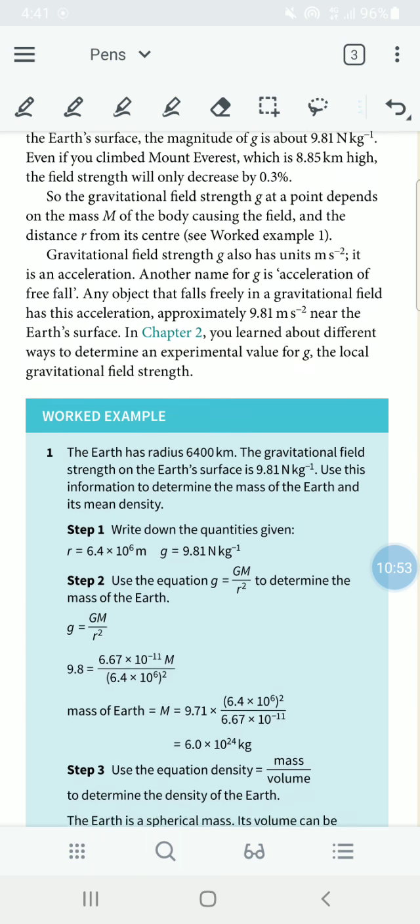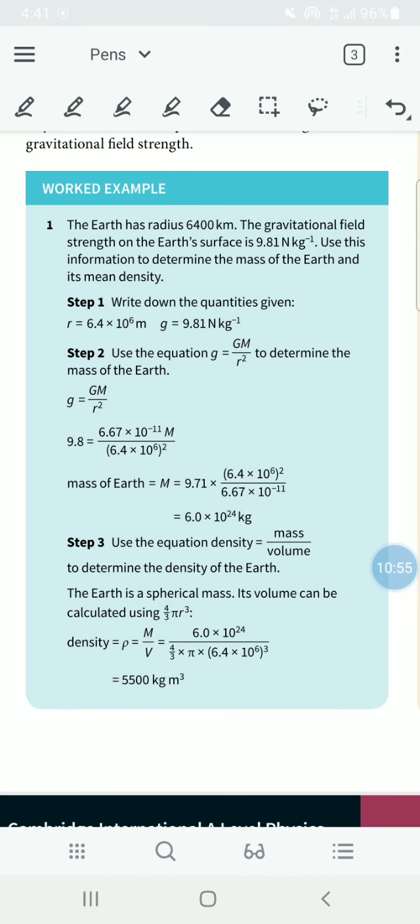Right, so now if you look at this worked example, we will see how they ask questions. The earth has a radius of 6,400 kilometers. The gravitational field strength on the earth's surface is 9.81 newtons per kilogram. Use this information to determine the mass of the earth and its mean density.